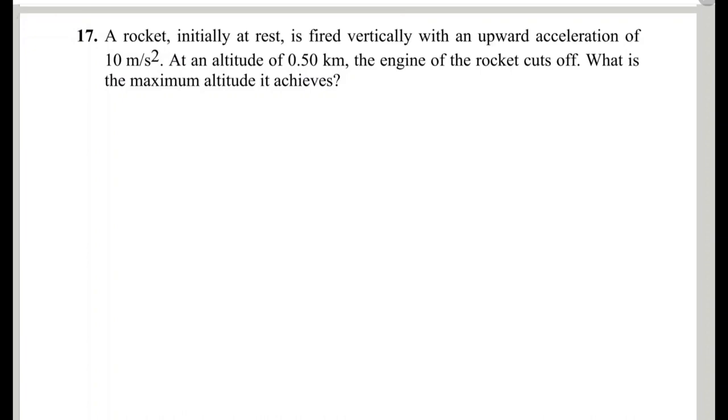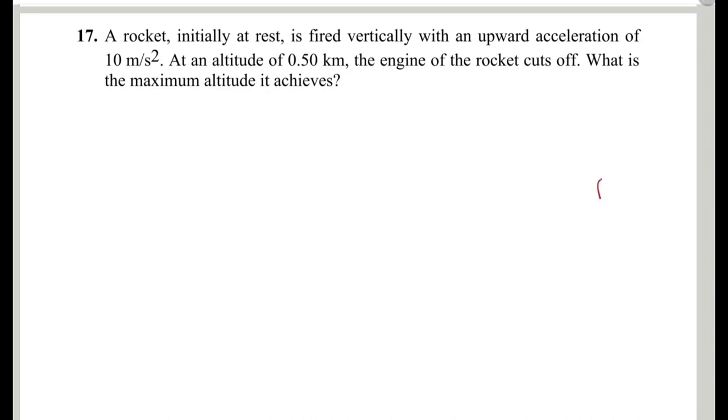A rocket initially at rest is fired vertically with an upward acceleration of 10 meters per second square. At an altitude of 0.5 kilometers, the engine of the rocket cuts off. What is the maximum altitude it achieves?